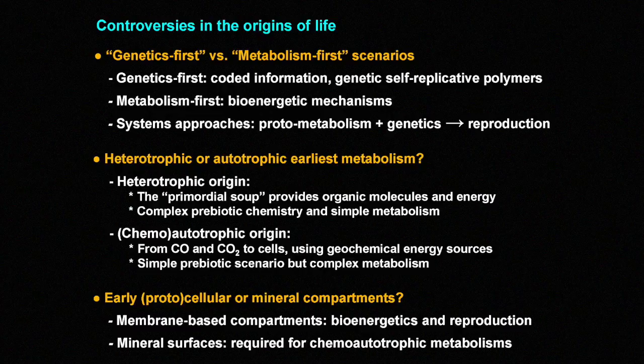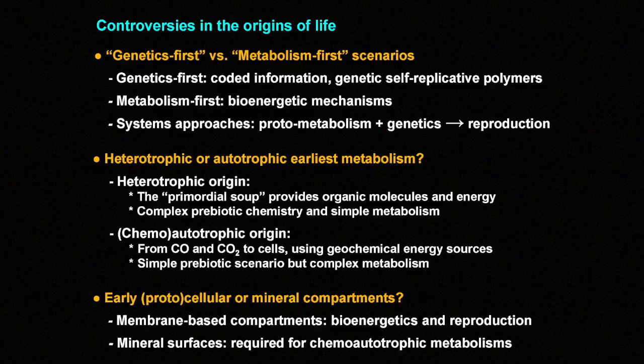Another open issue is heterotrophic or autotrophic earliest metabolism. If life had a heterotrophic origin, as Oparin said, for instance, the primordial soup should provide organic molecules and energy. This is the warm little pond of Charles Darwin.